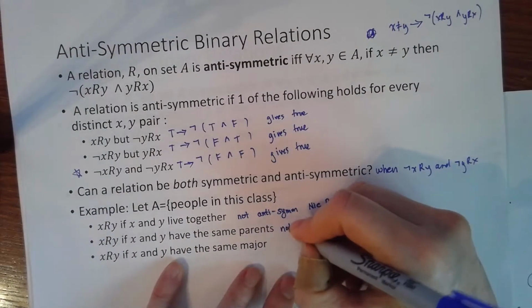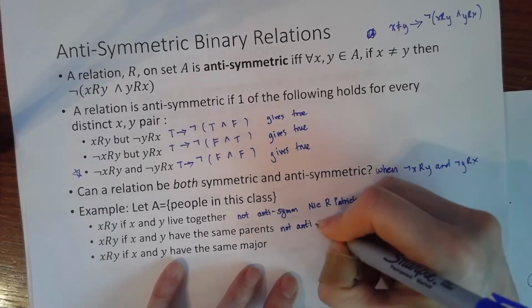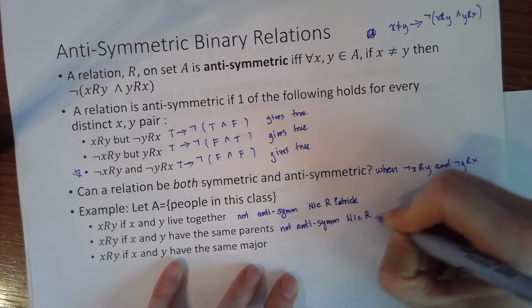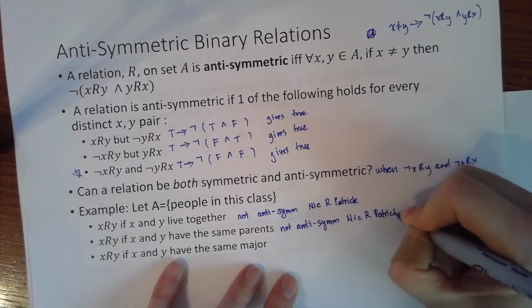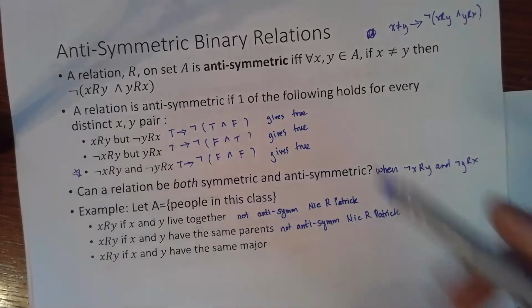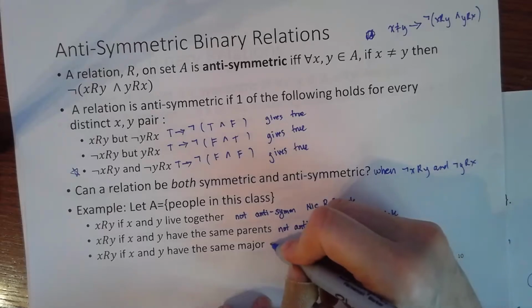So this one is not anti-symmetric, because Nick and Patrick have the same parents. And what about have the same major? Well, in this situation, every single person has the same major. That's always true. We never have a false, so this one's also not anti-symmetric.